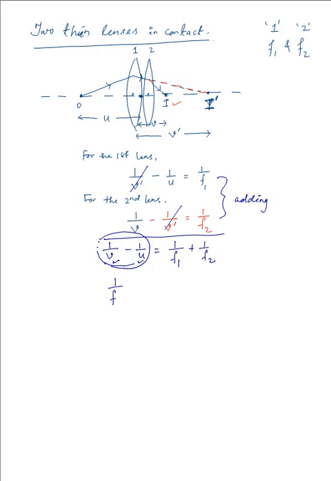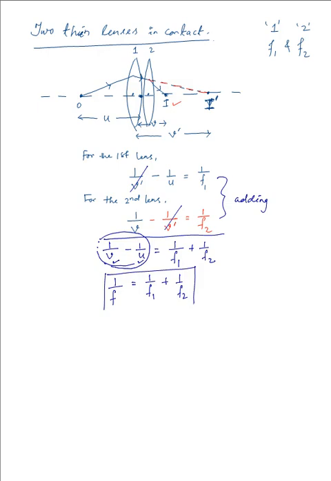Then this can be treated as an equivalent focal length for both those lenses, the combination of them. So as a result of that, what we can say is that a combination of these two lenses is yielding a focal length whose reciprocal is equal to the sum of the reciprocals of the focal lengths of the individual lenses in consideration.